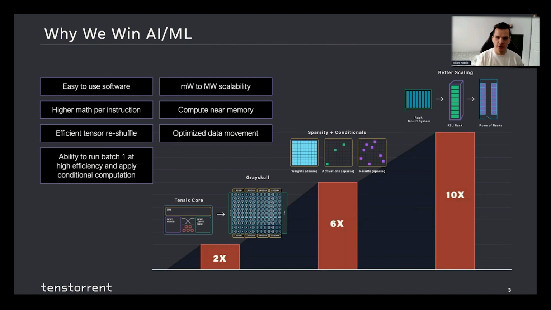Given our design, we also have optimized data movement and compute that is near memory. All these lead to advantages. On top of that, we are also focused on what we call milliwatt to megawatt scalability: being able to go from using a single chip for an application all the way to scaling up to racks of devices and server-sized deployments.